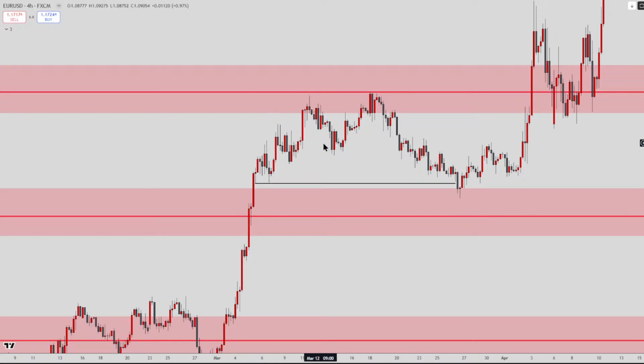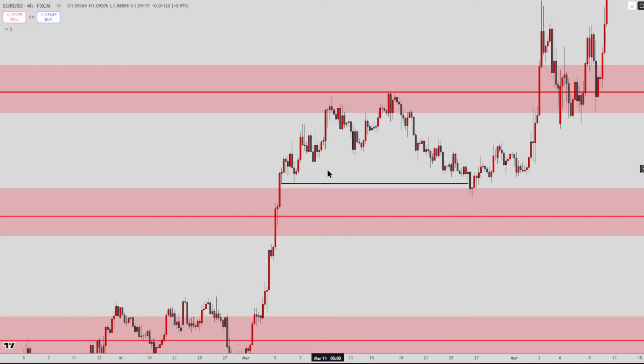Why do we need this consolidation? We're accumulating orders, and we're giving the opportunity to large funds to enter once that consolidation low has been manipulated. So once we've manipulated the low of that consolidation, what are we looking for?